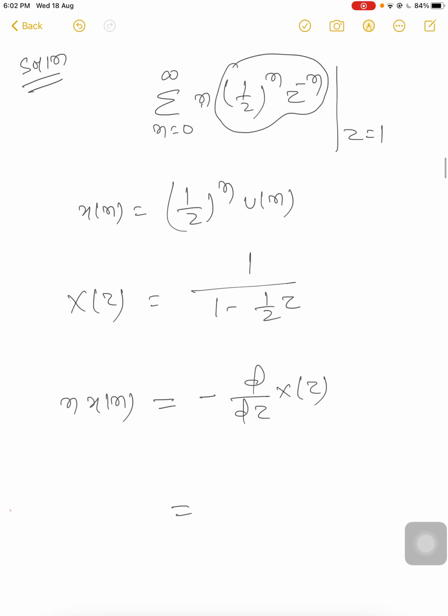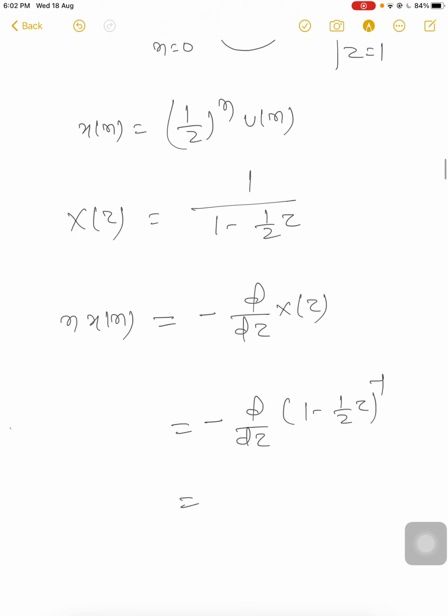Multiply it, then what will happen? After differentiation you will get minus d upon dz of 1 minus 1 by 2 z to the power minus 1.